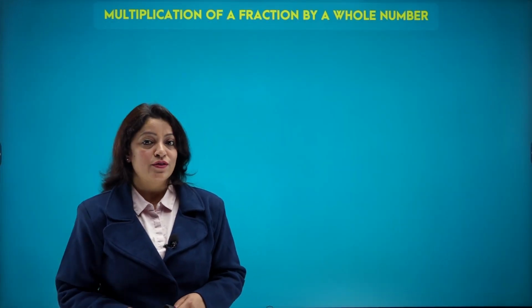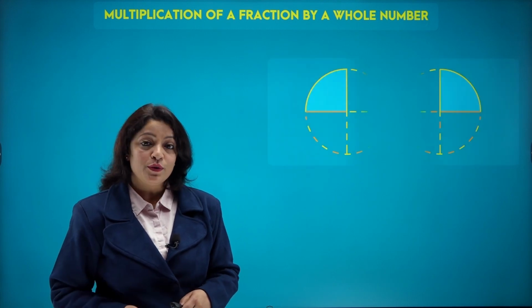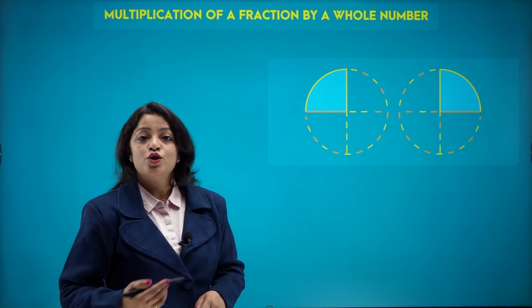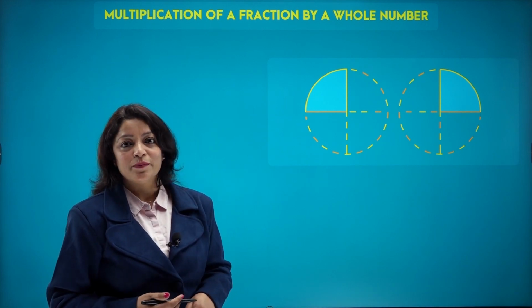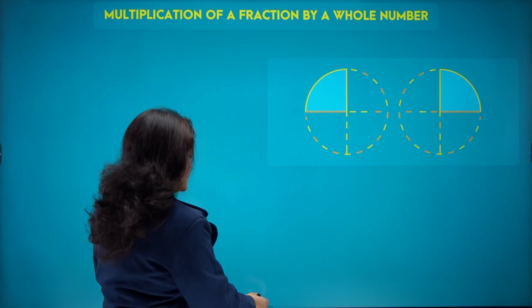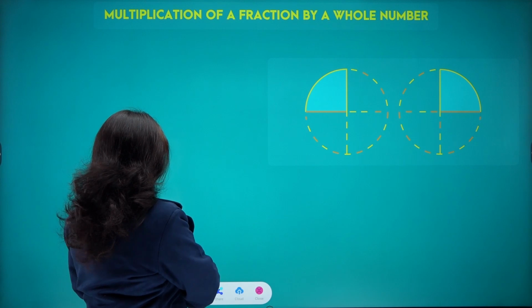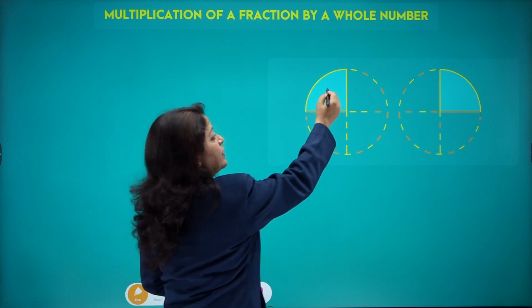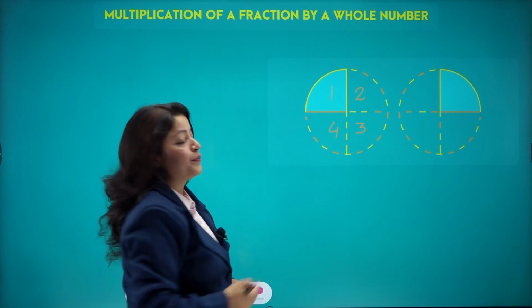It's just the multiplication of fractions. So let us see the multiplication of fraction through an activity or an example here. What you can see here on the screen is 2 circles and a shaded part is given in the circle. You can see one circle is divided into how many parts? If you find here that it is divided into 1, 2, 3 and 4 parts, right?